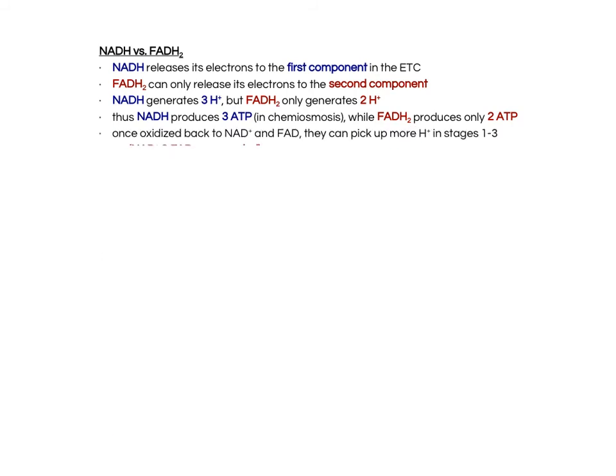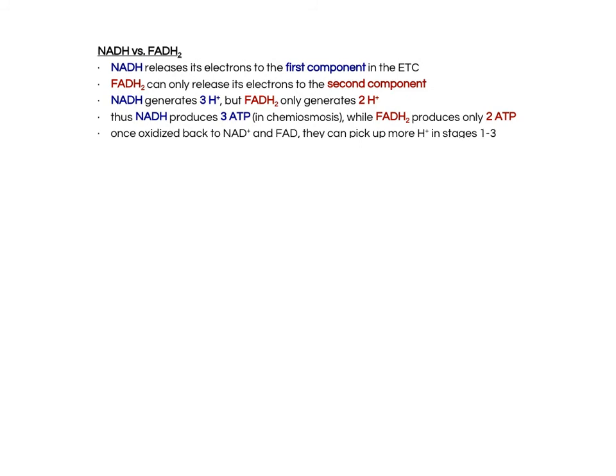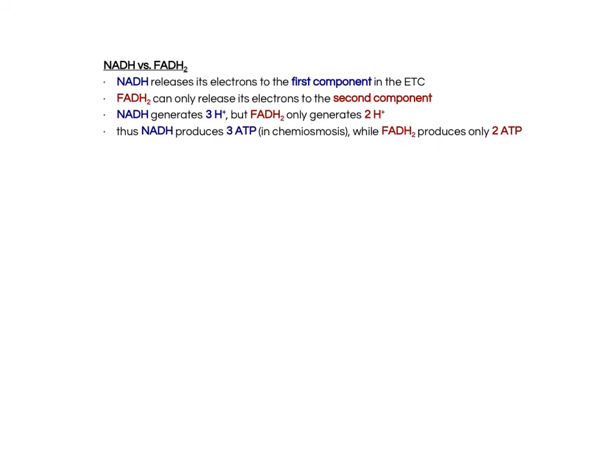Okay, so what we've also done that we haven't really talked about yet in this process is that once NADH at the beginning of the electron transport chain is oxidized back to NAD+, it's going to be ready to return to the beginning of glycolysis, the beginning of cellular respiration, and get used again.